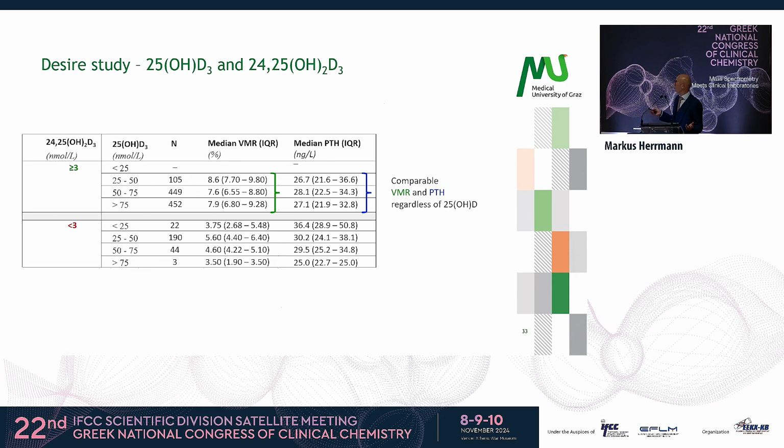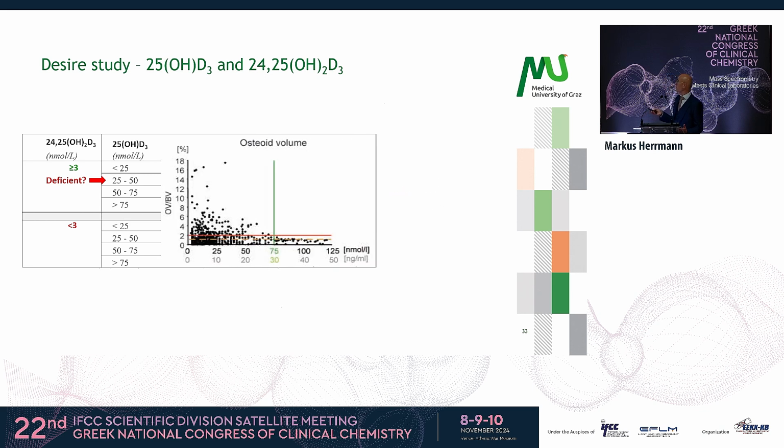They were comparable. So this raises the question, are these individuals here really vitamin D deficient or not? And I want to remind you that only a limited number of individuals with low 25-hydroxyvitamin D levels actually has evidence of osteomalacia and rickets.